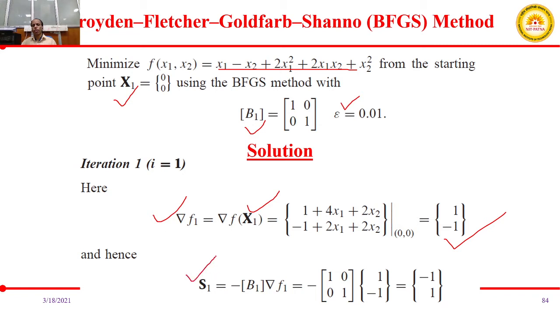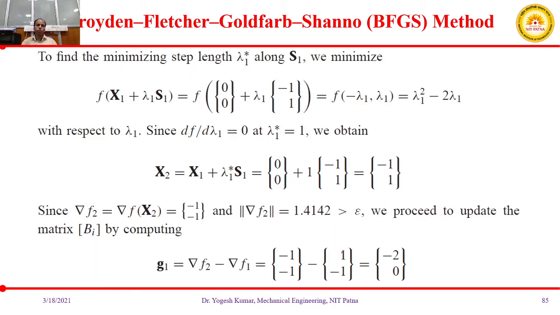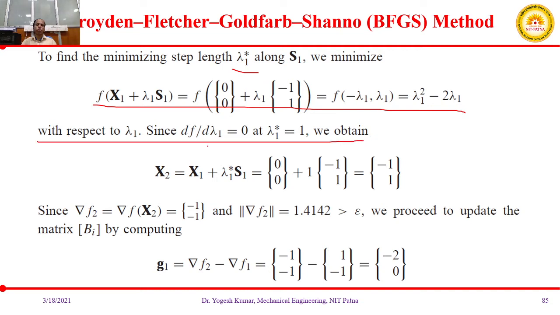Then we calculate the search direction, which is minus B1 times gradient of f1, which we also calculated in the previous problem. Then we calculate the value of lambda star using the same process which we have implemented multiple times. Then we calculate the value of x2.